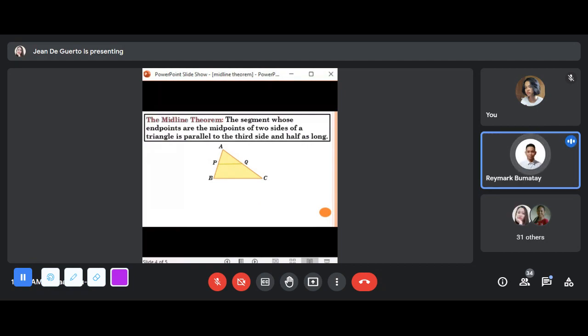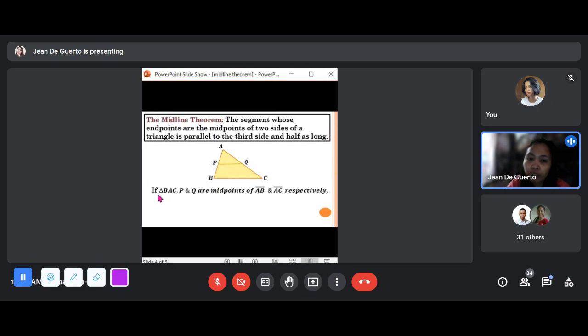Dinivide ko po yung value ng BC sa 2 po, kasi po yung BC po is twice ng value ng PQ. Yes, that's right. So we simply divide the length of BC by 2 kasi kalahati nga ng line segment BC is yung measurement ng PQ, which is our midline.